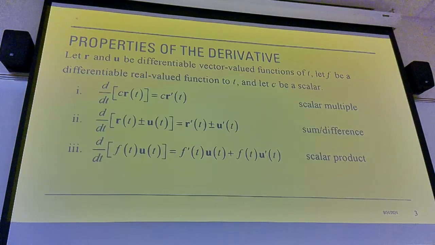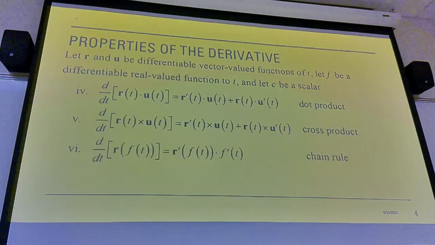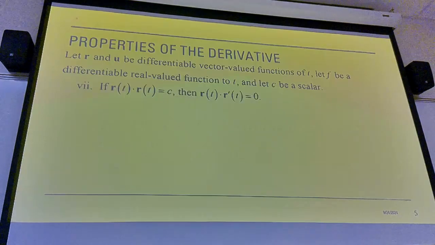Those 3 are public use. But again, you really don't have to, because you could just find the resultant vector in each case first, then take the derivative using Calc 1. Also, if R dot R is C, then R dot R prime is 0.